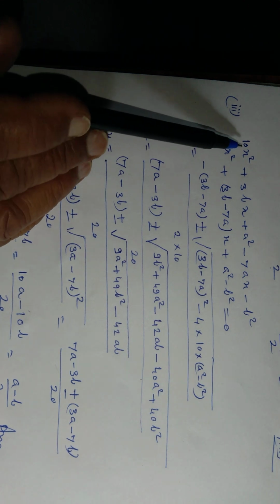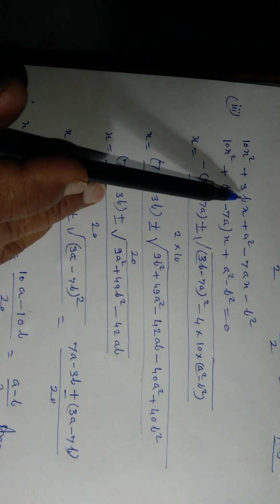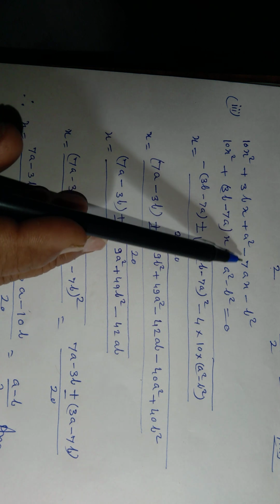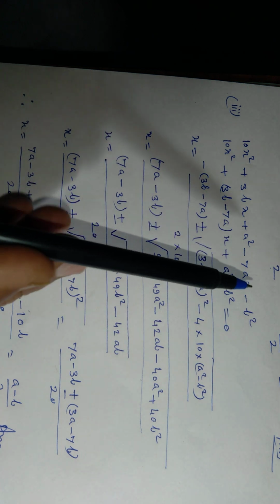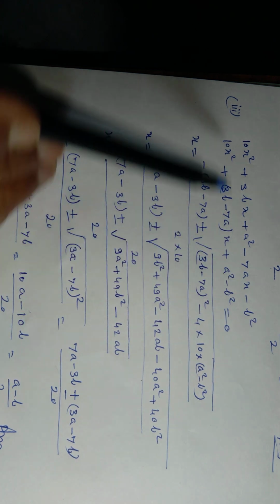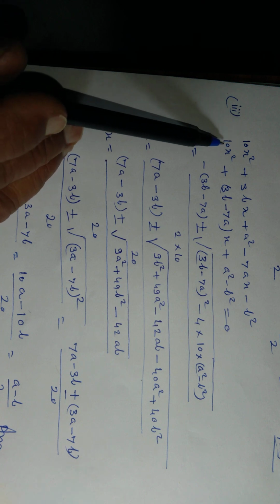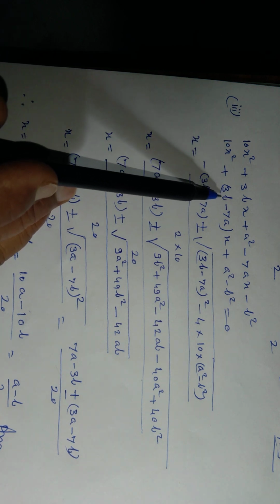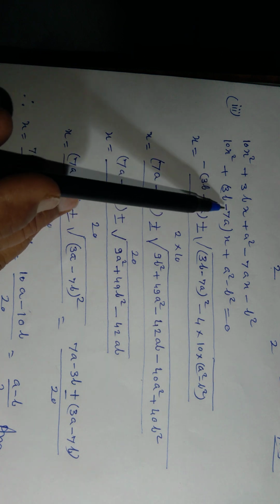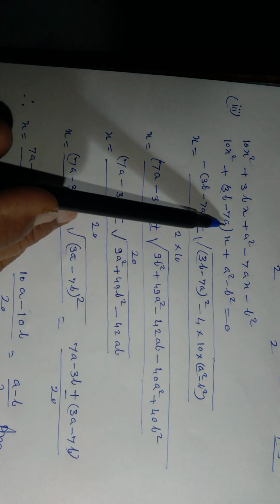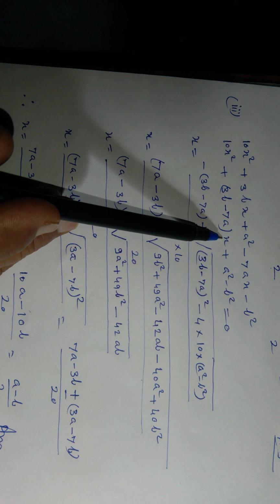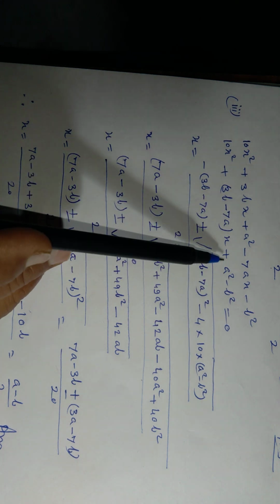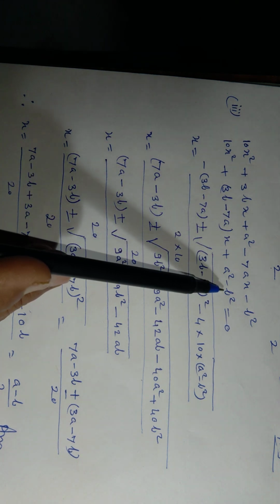that is 10x² + 3bx + a² − 7ax − b². You see, 10x² as it is, plus (3b − 7a) will be put inside the bracket, and outside we will take x as common, and plus a² − b².